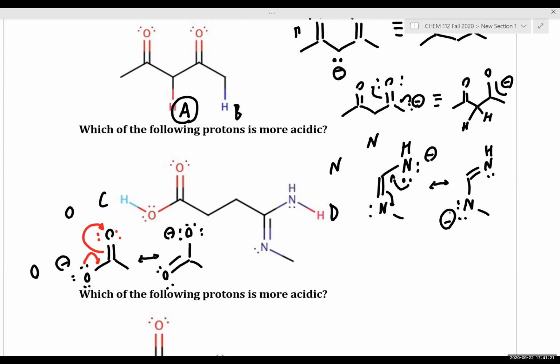Oxygen, exactly. So we'd expect proton C to be more acidic because both of these structures are experiencing resonance stabilization. However, proton C is delocalizing its electron density over more electronegative atoms. Does that make sense?